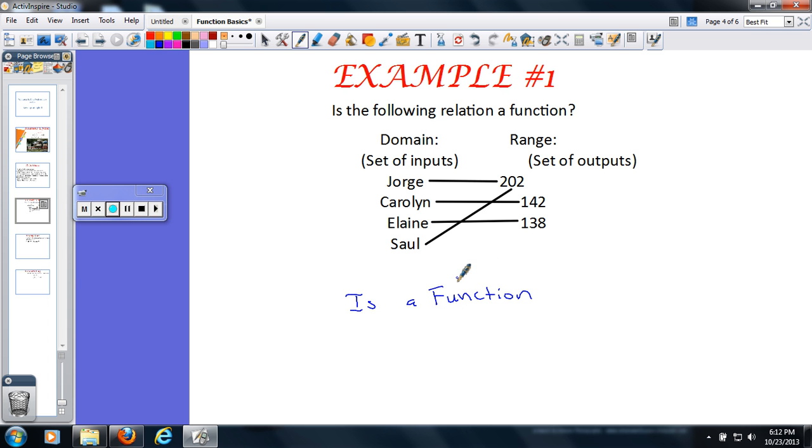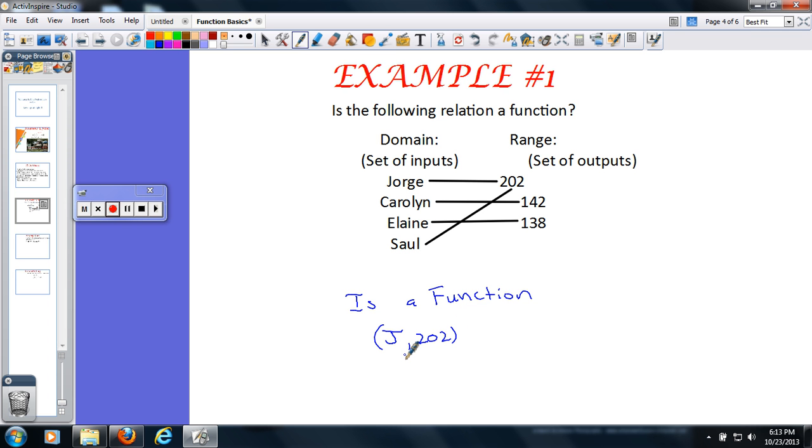An easy way to tell is to write all the pairings. Give me all the relationships. And if you don't see an x value repeat, then you're okay. So the first pairing, I'm going to abbreviate, would be J and 202.